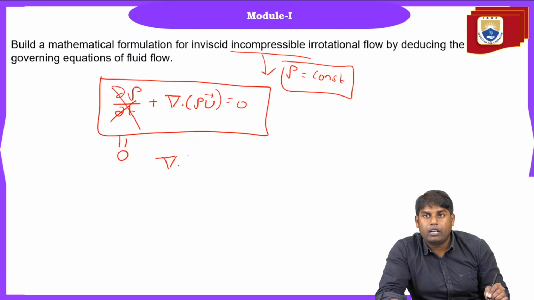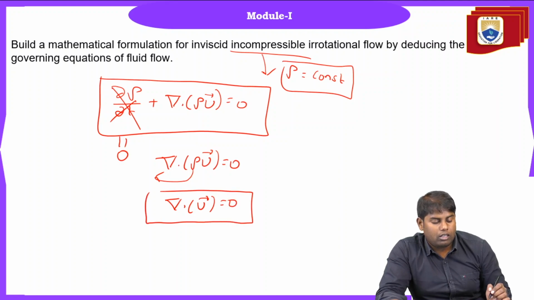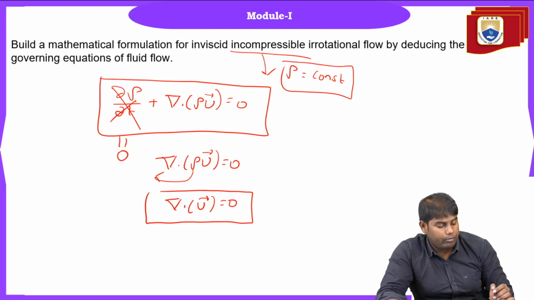The obtained expression is del dot rho u bar equal to 0, and then the density term comes outside, so del dot u bar equal to 0. This expression is applicable for incompressible flow. The continuity equation will not give us detailed information about viscosity, whether the flow is inviscid or viscous or irrotational. It only shows whether the flow is incompressible or compressible, as you can see clearly here.